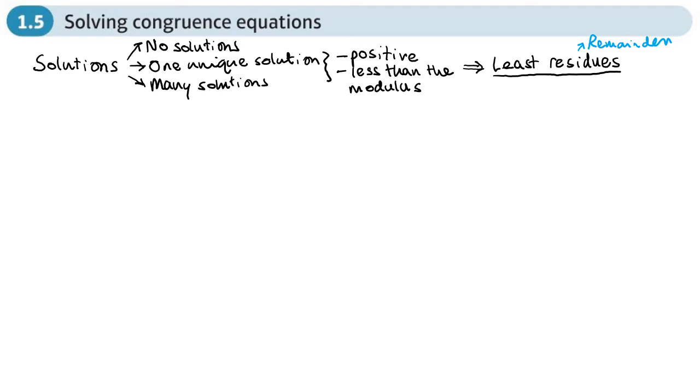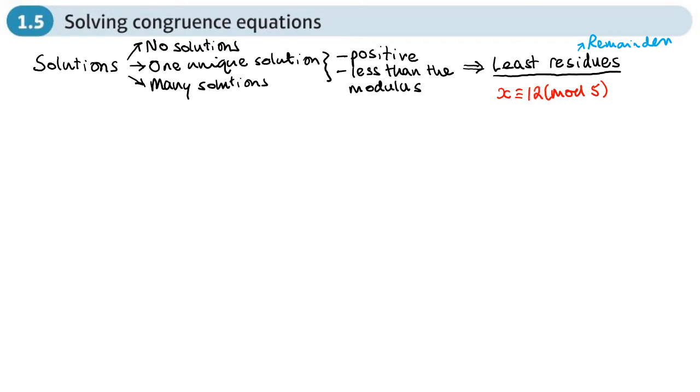So if I had this congruence equation, x is congruent to 12 mod 5, the least residue needs to be less than 5. So all I'm going to do is take off multiples of 5, keeping them positive, until this becomes less than 5.